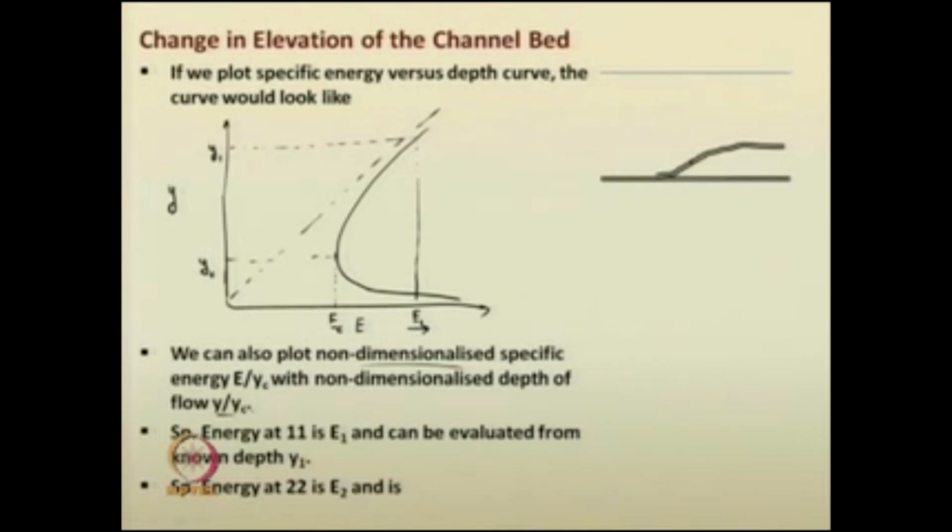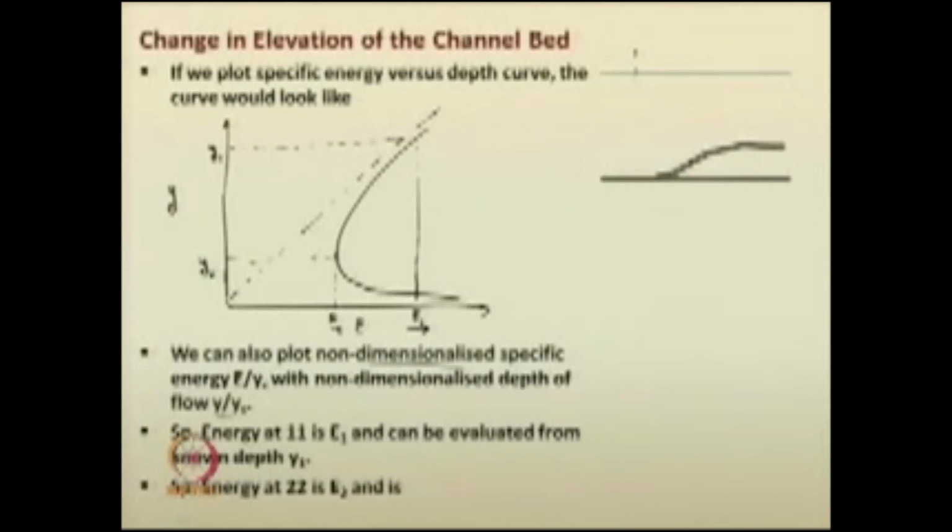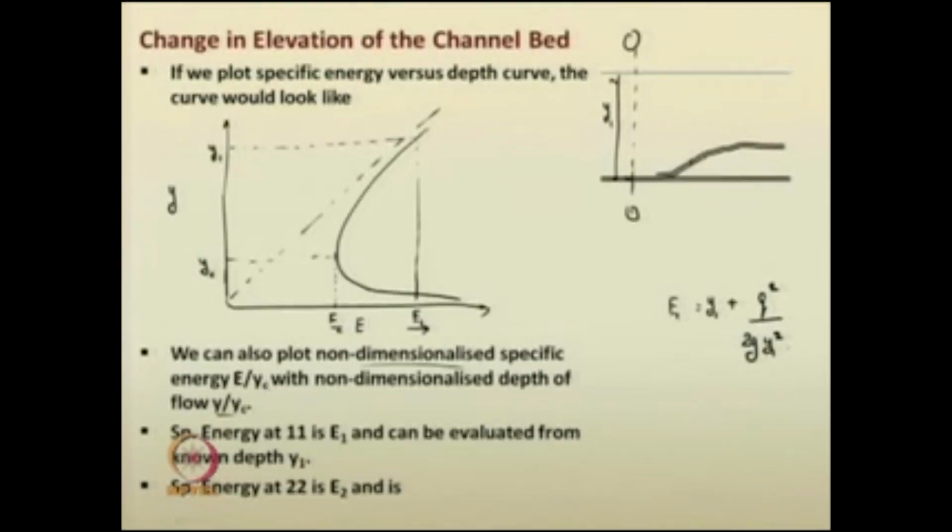We have seen some non-dimensional curves of similar nature for various things. The specific energy at section 1, this is section 1, is E1. E1 is based on the depth of flow: E1 is equal to Y1 plus q squared by 2g y1 square. So, you can see that E1 is a function of y1 only.